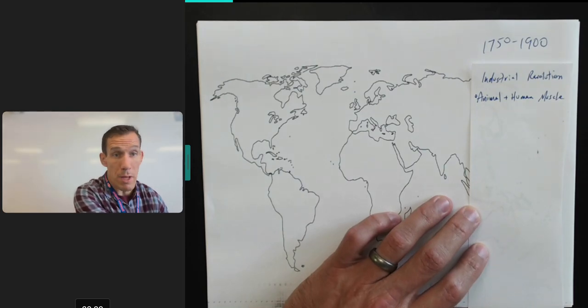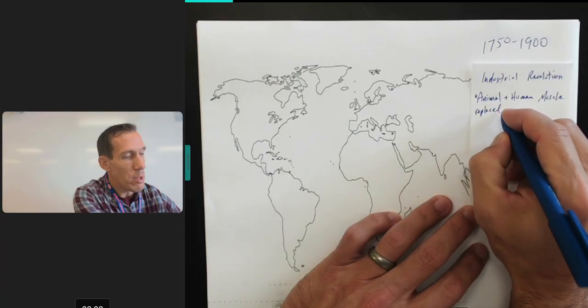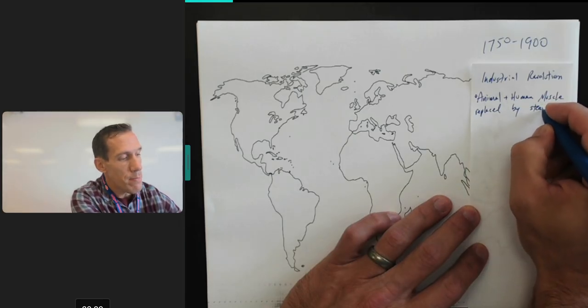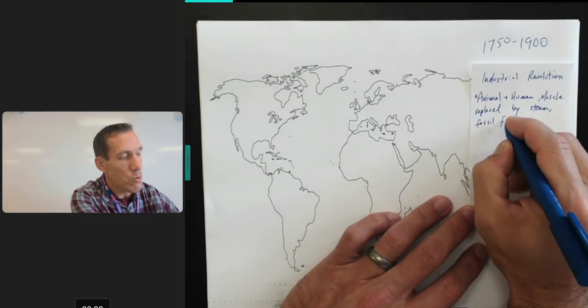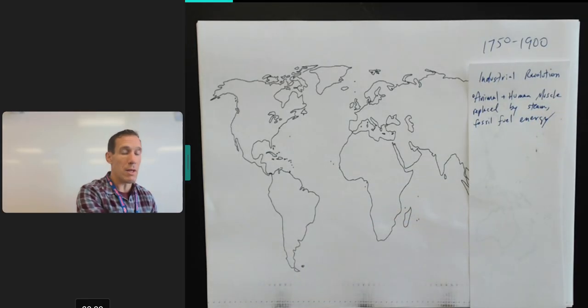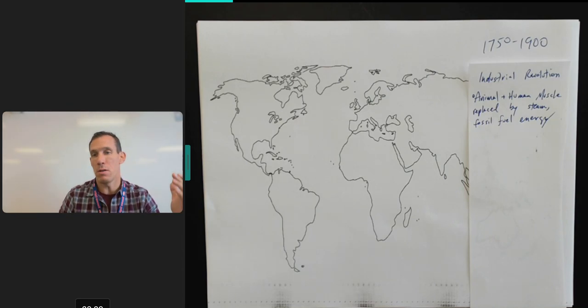Any kind of work being done in this world was done by animal or human muscle, and that is going to be replaced first by steam energy and then fossil fuels. So the energy that is driving the world forward is no longer primarily animals and humans, like horses and oxen and cows pulling things and pushing things. It's going to be done by machines.